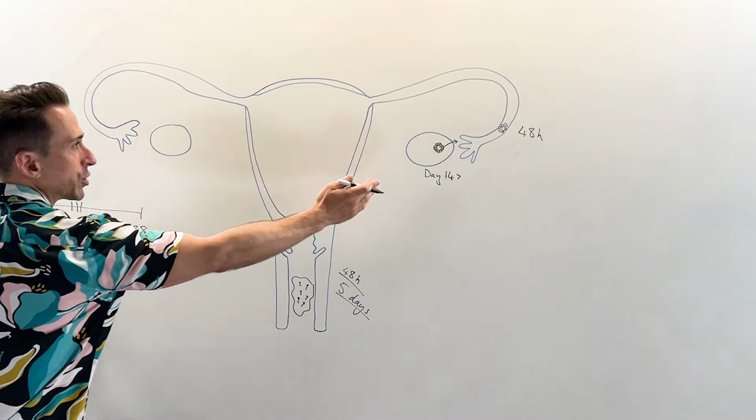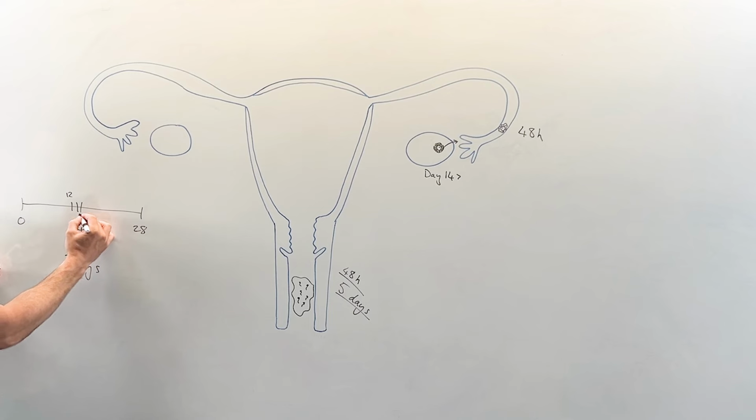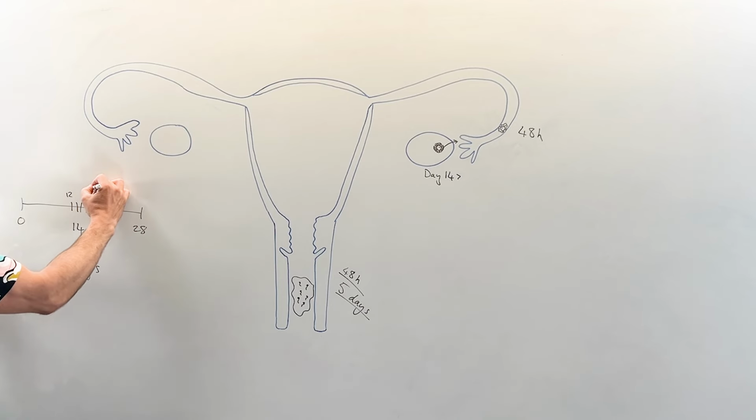And remember, the oocyte won't last for more than 48 hours after ovulation on day 14. So day 15, day 16. So day 16 is pretty much the last day that sex can occur. And day 12 is probably the earliest that sex can occur.